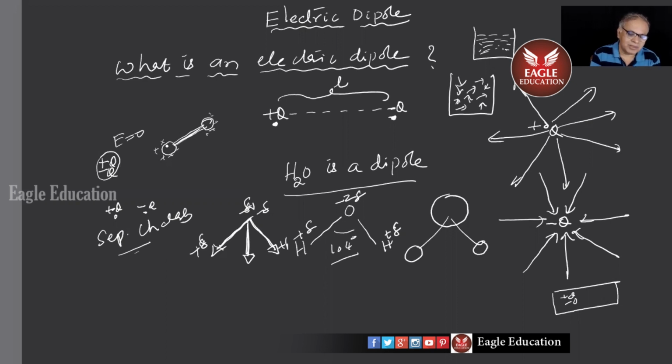If you have plus for this, minus for this, even that will be equivalent to a dipole. Because this is like a point charge here, this is like a point charge here. It is similar to the molecular dipoles. So what we are trying to tell is that dipole as a physical unit exists. So our job is to find out the field of this dipole, electric field of this dipole.